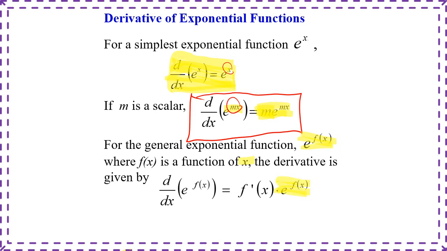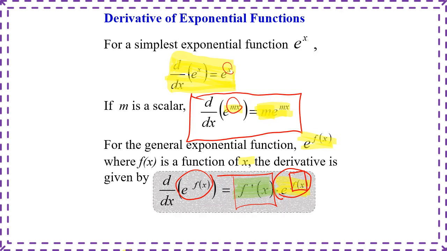So what we need to do is just copy back the exponential itself, but multiply it by the derivative of the power. The power here is f(x), so we have to differentiate f with respect to x. That's why we get f prime x. So this is the formula if we have a function at the top of the exponential, not only x. Let's see some examples.